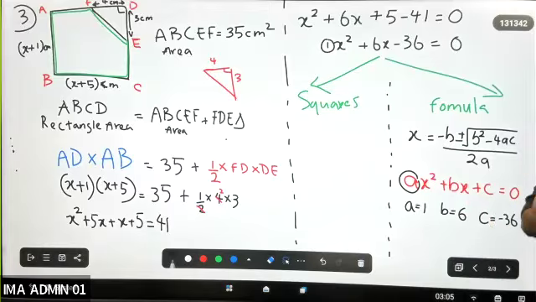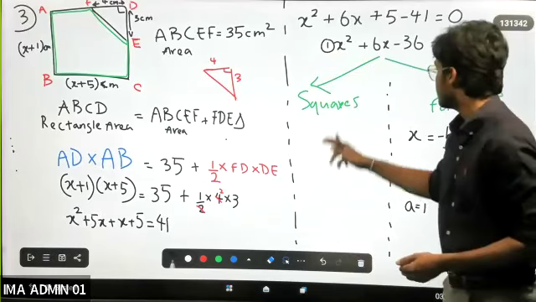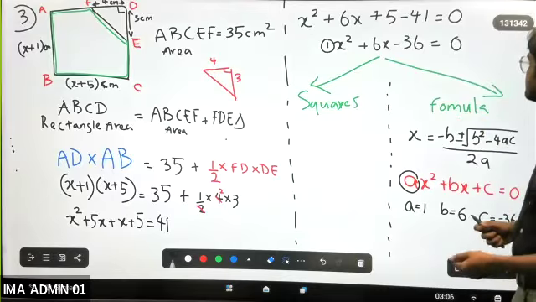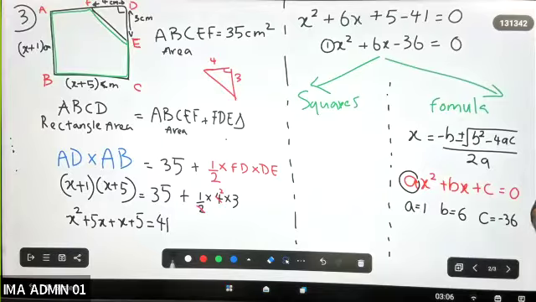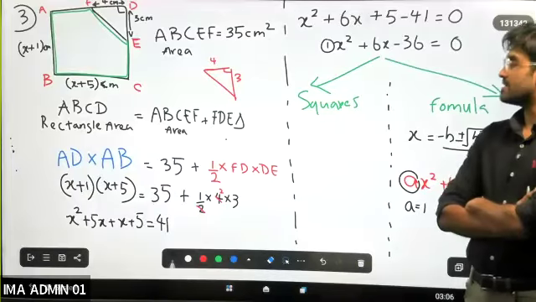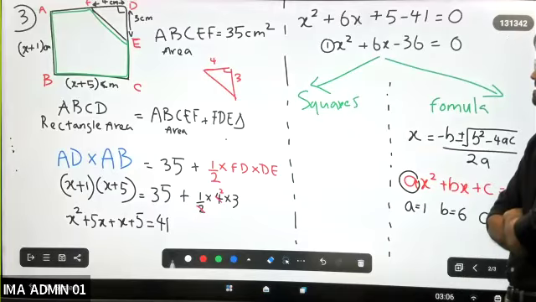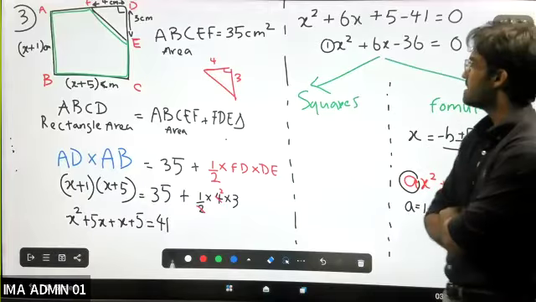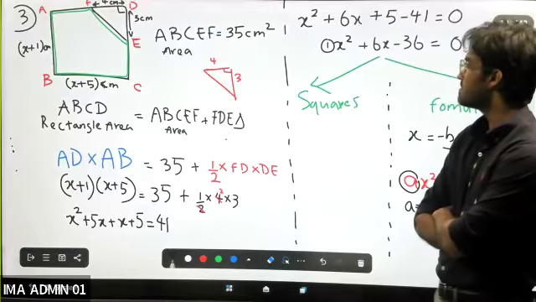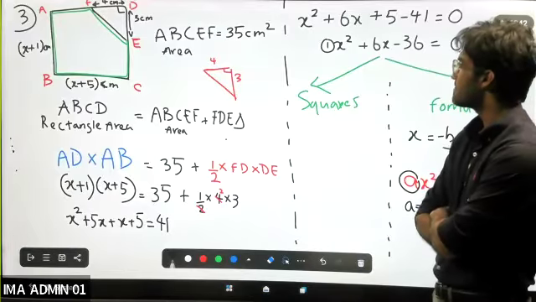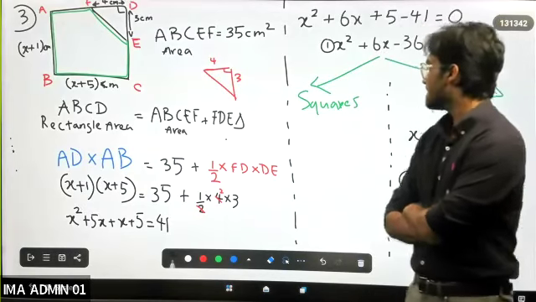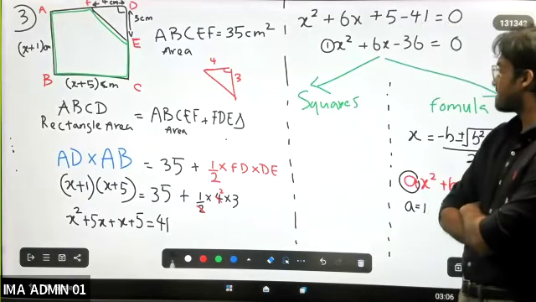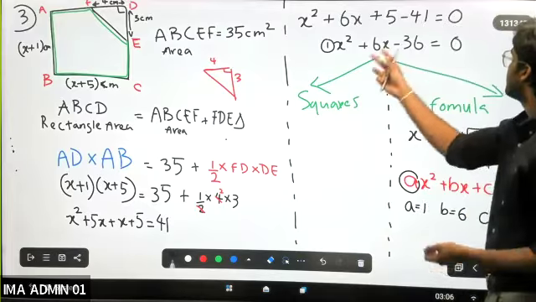Out of that lamina, they asked us to find an equation, which was x squared plus 6x minus 36, and to show that the equation is proved. We know that from the areas, we can take the ABCD rectangle area, and ABCF plus the FDE triangle, ABCF was given to us. With that we calculated the area and in terms of x this function came.